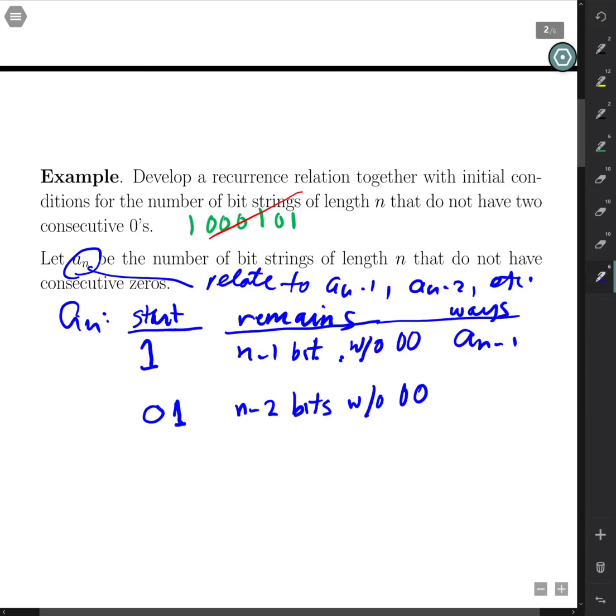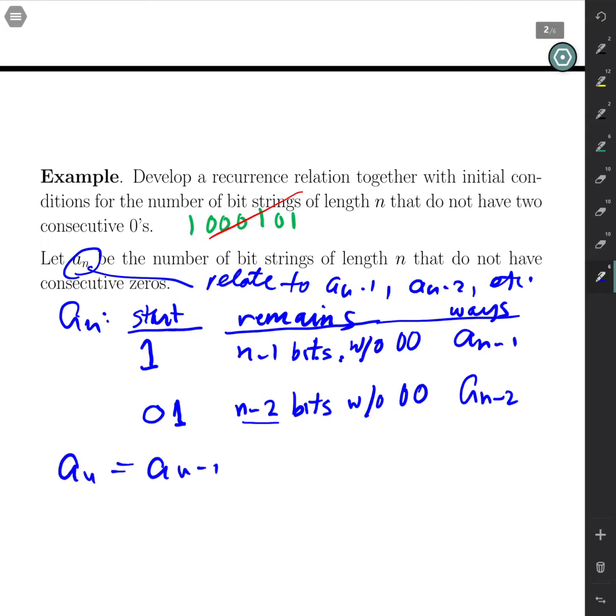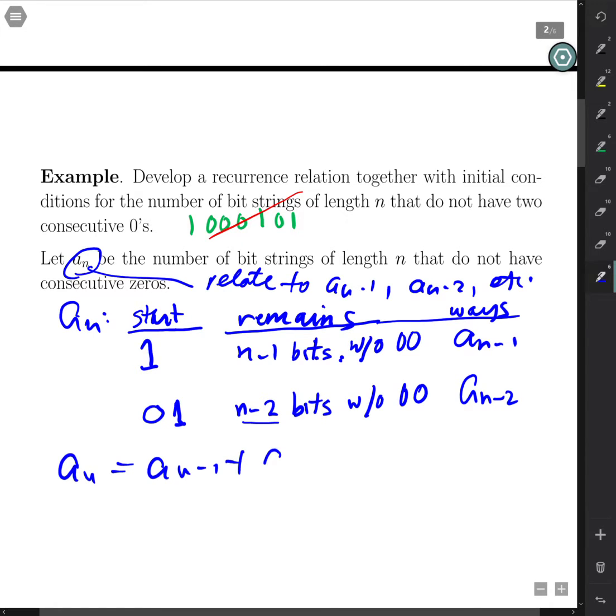And I had made a mistake up there. Let's write bits there. There are a_{n-2} ways to do that, because there's n-2 bits that are left. And so the number of ways to get a bit string of length n without consecutive zeros is a_{n-1} plus a_{n-2}.